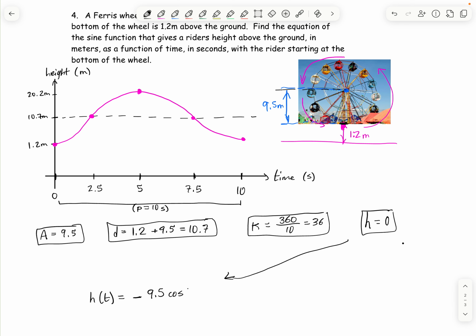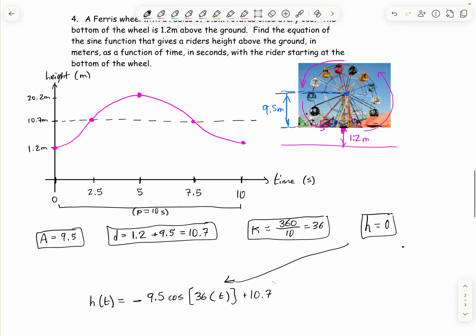And I'll put brackets here just to make it easier. So the K value is 36. And then I got my t with no horizontal displacement, plus 10.7. Okay, so that is the equation that fits this model perfectly.